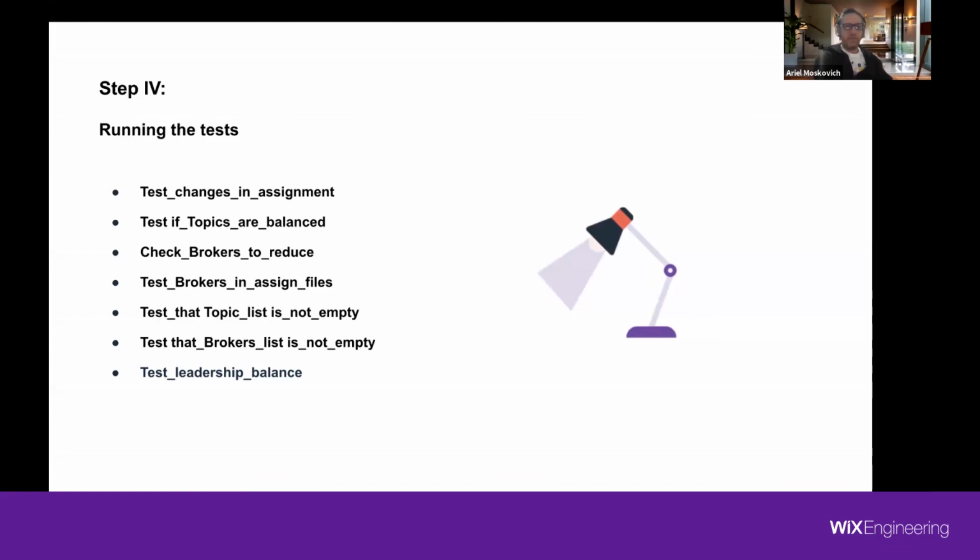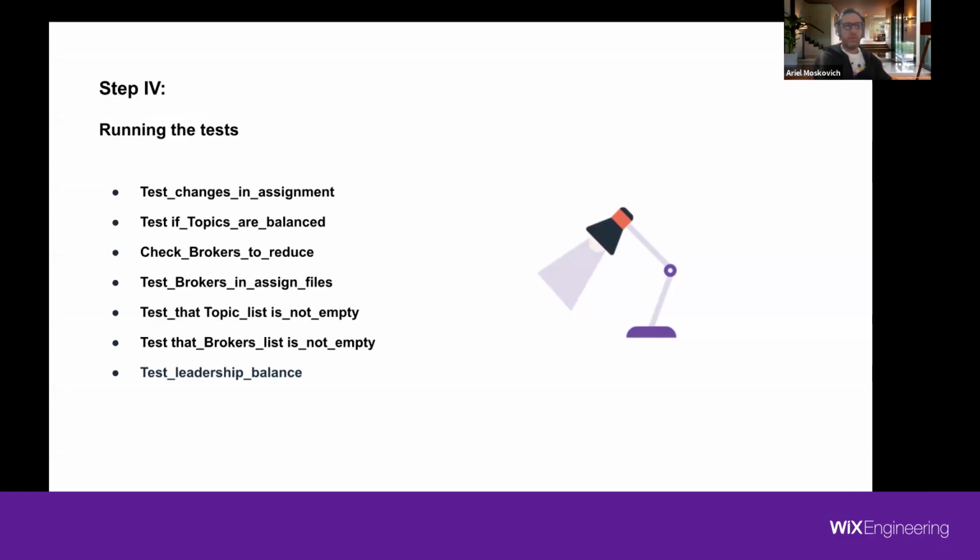Okay, so after having those files, we also want to run some tests on them. The first one is to test that we are not exceeding the maximum change that we defined as allowed per topic.